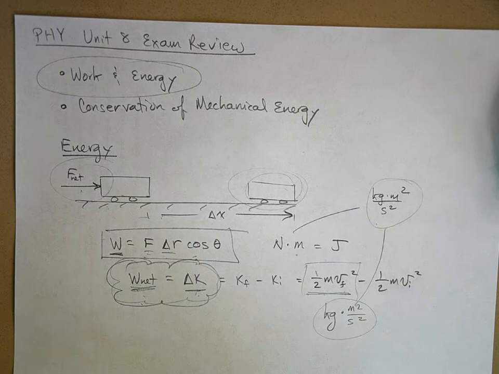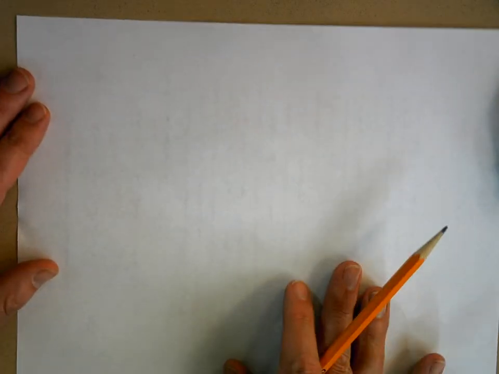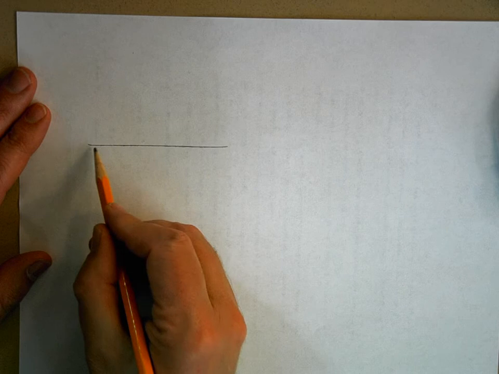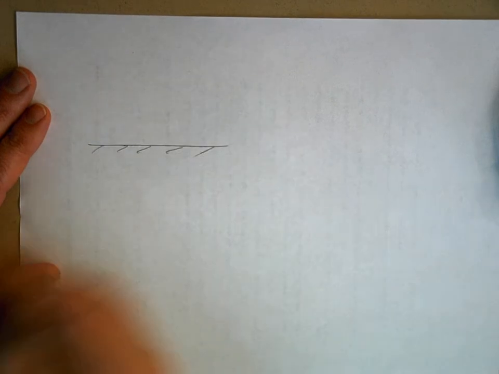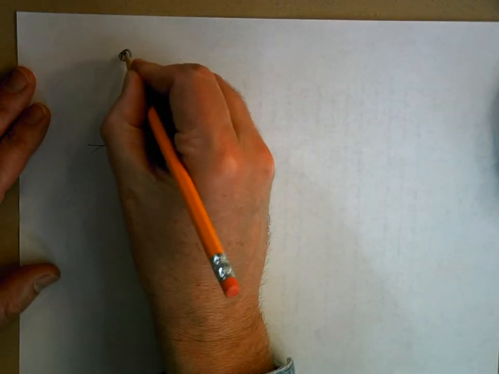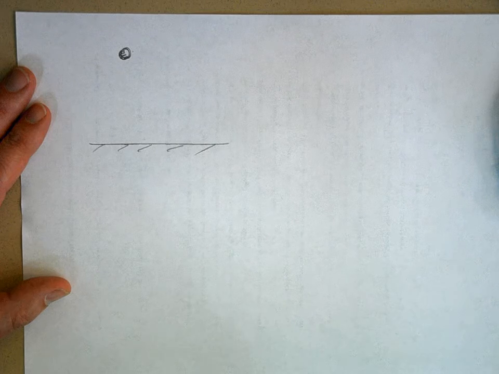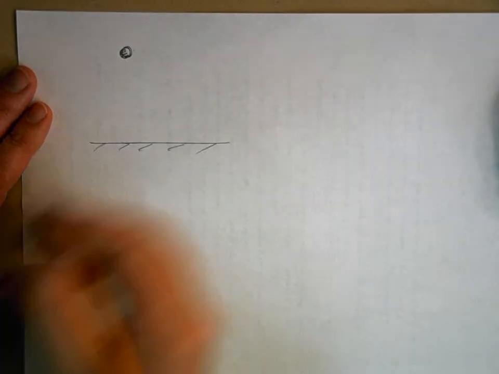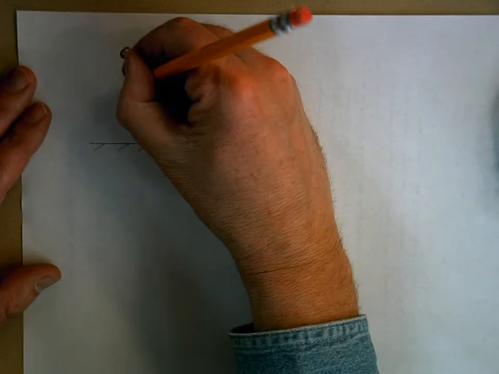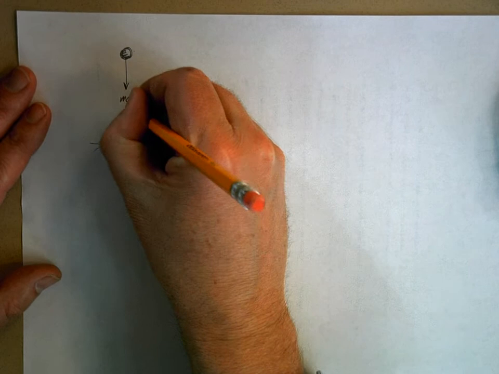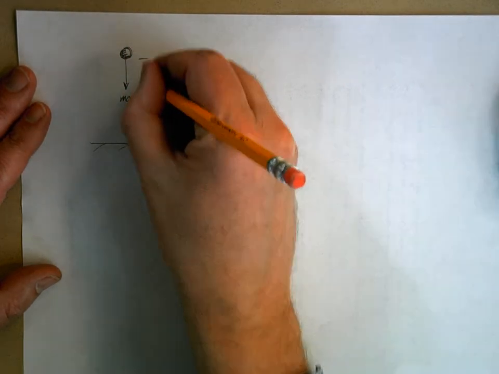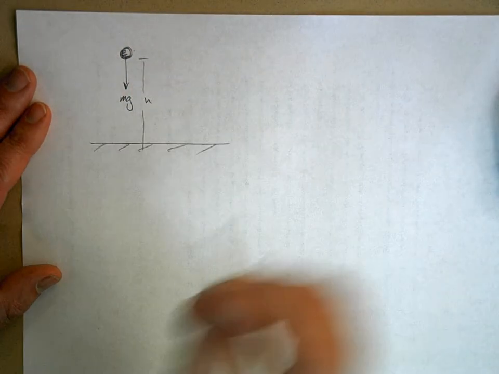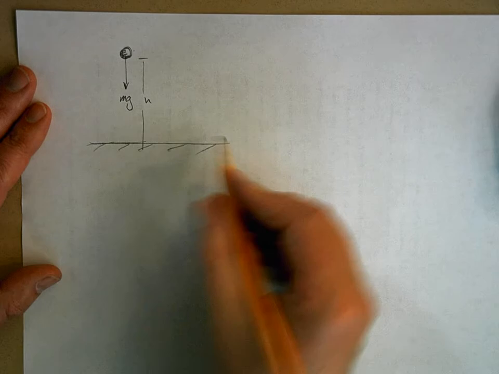Now, we have other ways of storing energy in the environment. If I've got the ground here, and I've got a bowling ball way above the ground, well, gravity can pull it down, and I'm at a certain height like this. So compared to this ground, I'm going to say this is my ground.